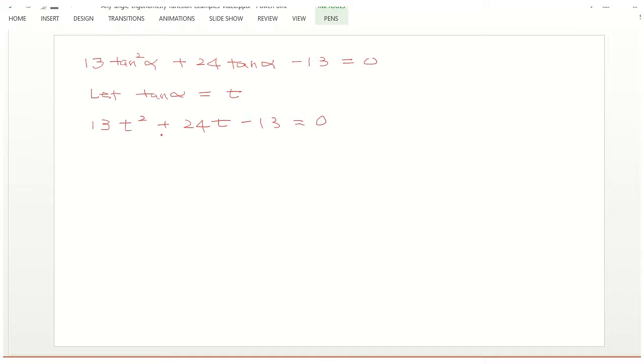This is a one variable second-degree equation. We use the formula to solve this equation.